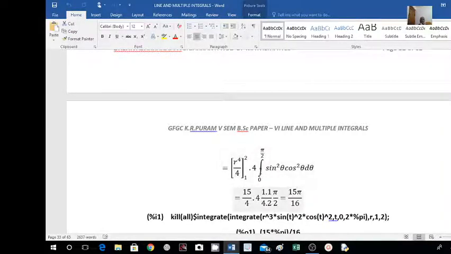By the reduction formula, for sin to the power of m cos to the power of n, the numerator starts with m minus 1, every time decreasing by 2, up to 1 or 2. And for n, the numerator starts with n minus 1, decreasing by 2 every time, up to 2 or 1.